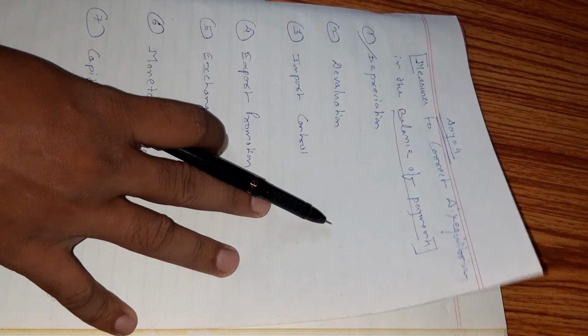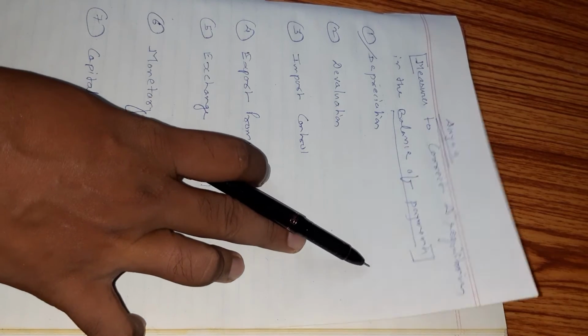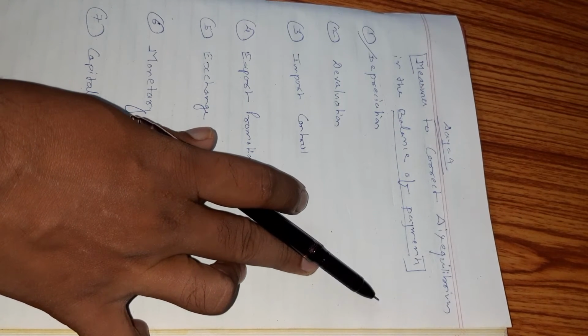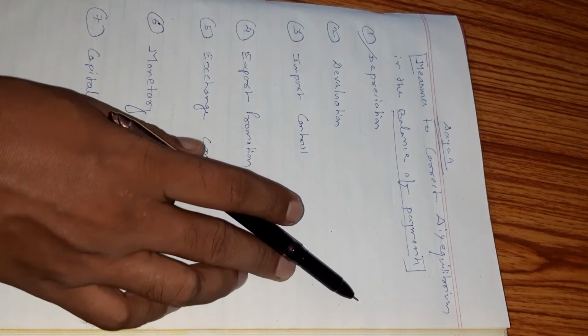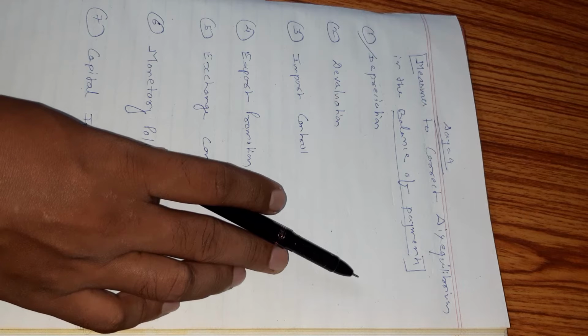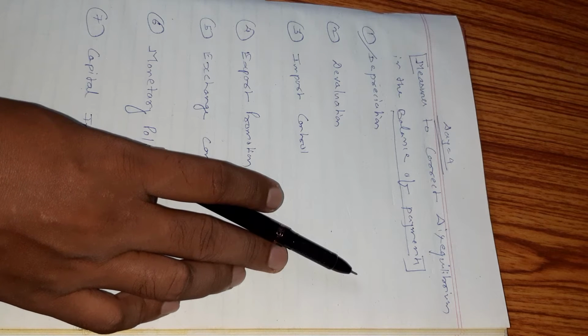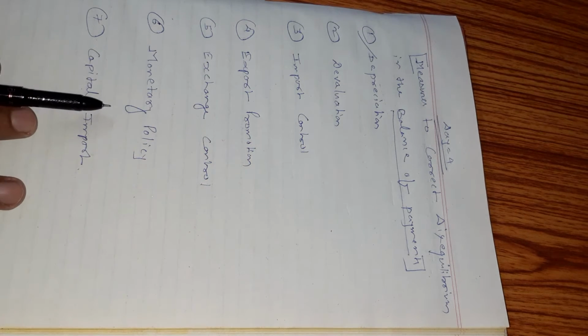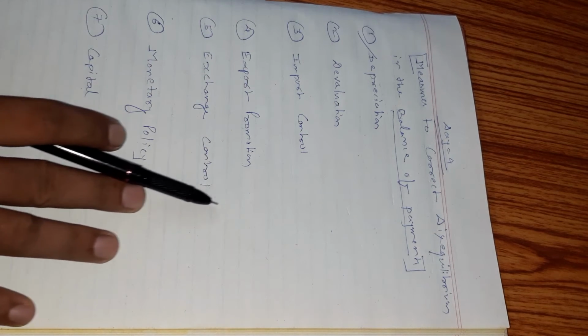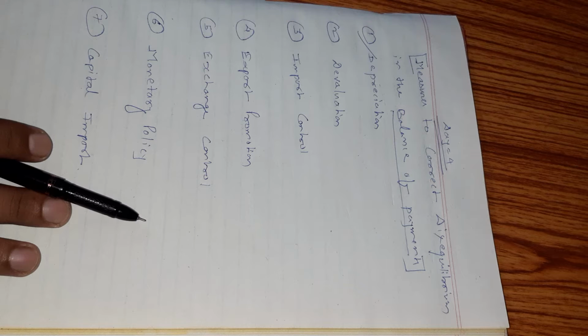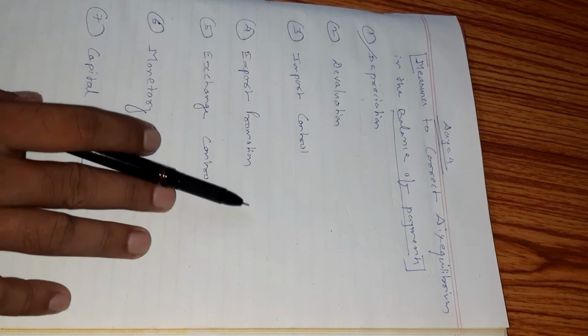But in economics class, this is part of the measures to correct disequilibrium in the balance of payment. Whenever this question is asked in the examinations, you will write the points in your examination and discuss 2, 3, 4 lines in each and every point. Then you will get good marks in the examinations.